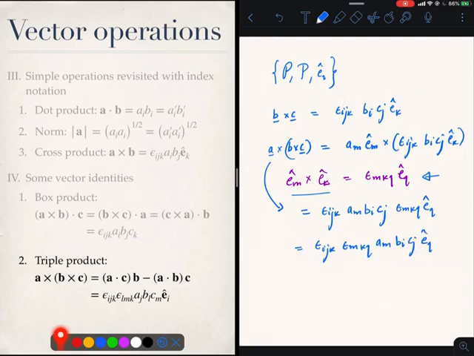Okay, so this looks somewhat like this, but of course they are not the same, and that is because all indices over here are dummy indices and we have to rename them to make it look like this.